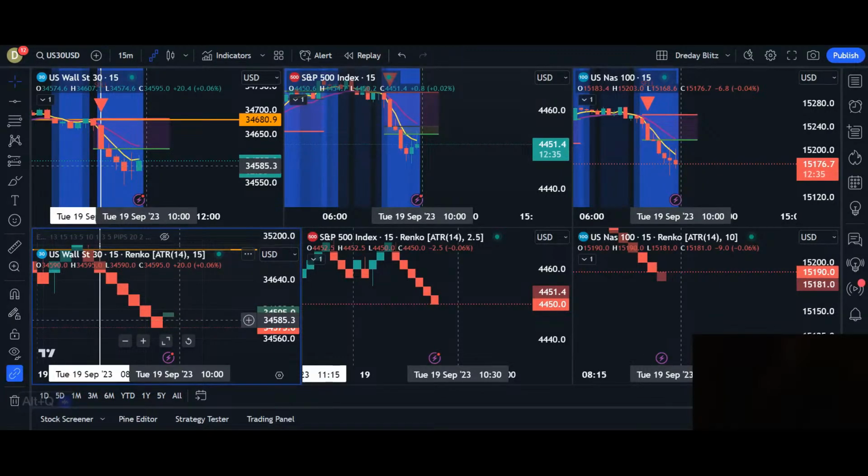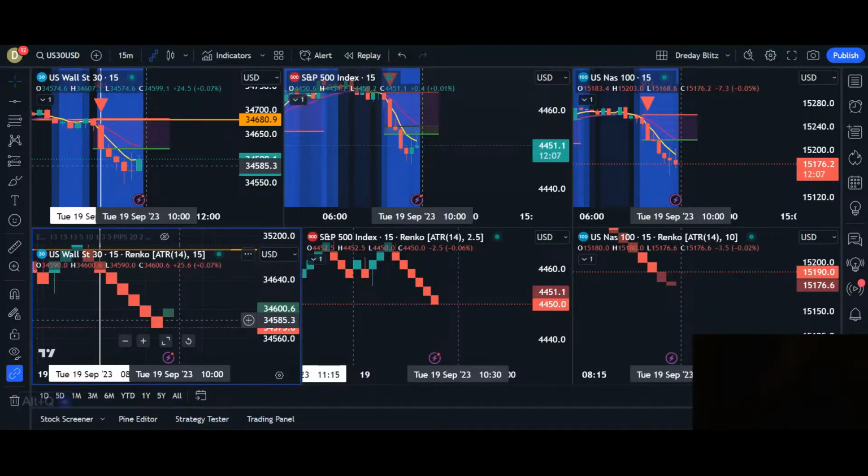But me personally, I love to keep it simple, so I put it on the 15 for the Renko bar, and my chart is on the 15 because I'm looking for intraday moves, so quick in and outs. But if I'm looking for swing trading, I would put it on an hourly time frame.